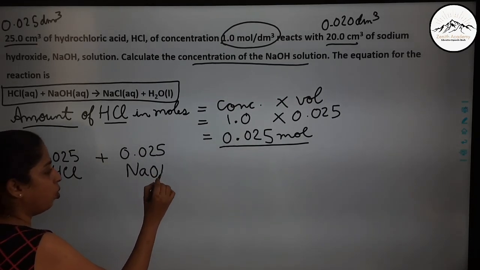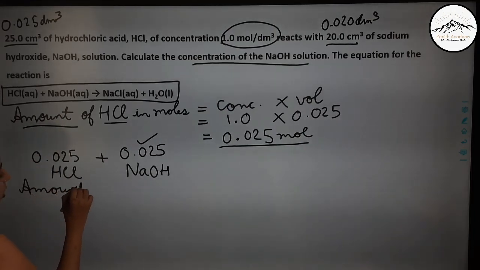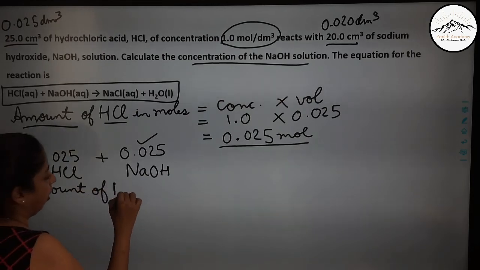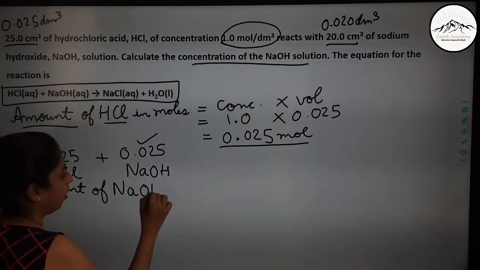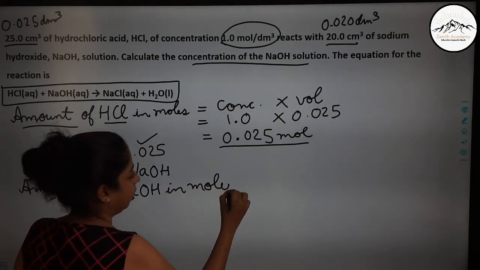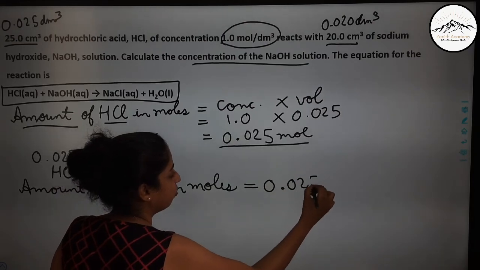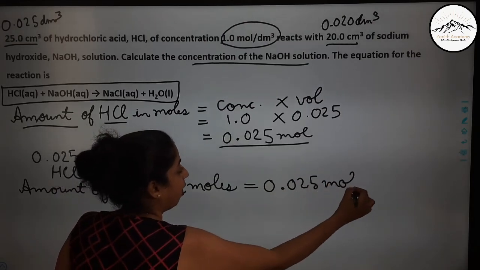So we know the amount of NaOH is also the same because the stoichiometric ratio is 1:1. So now we know the amount of NaOH in moles is also equal to 0.025 moles.